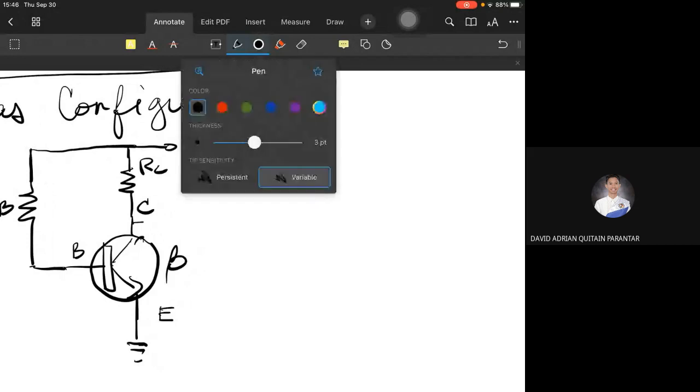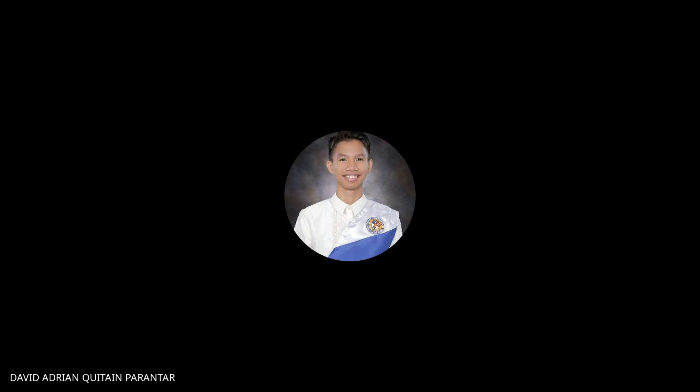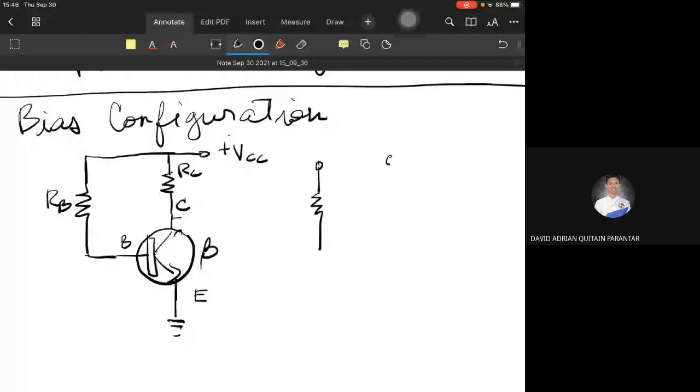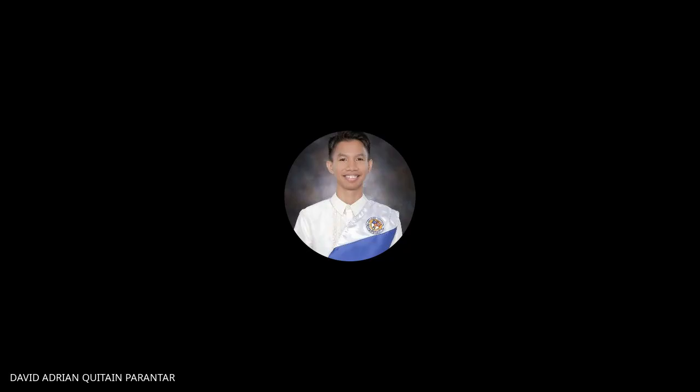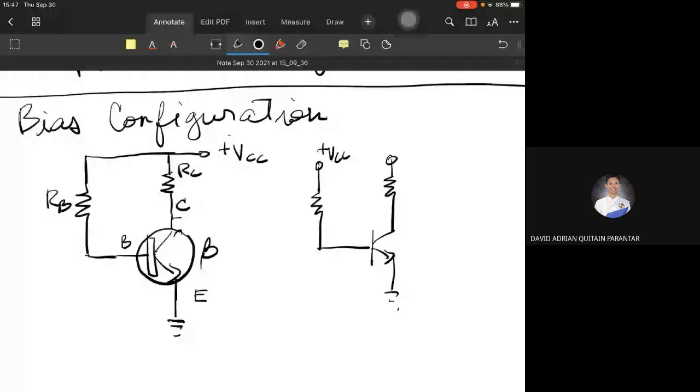RB, RC. Both of these are VCC, same value.